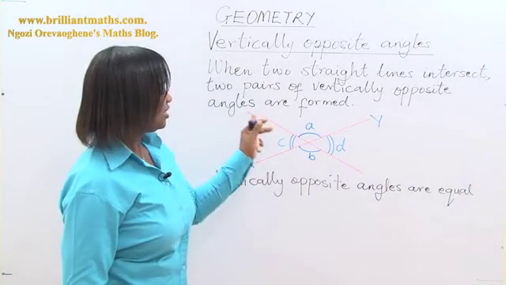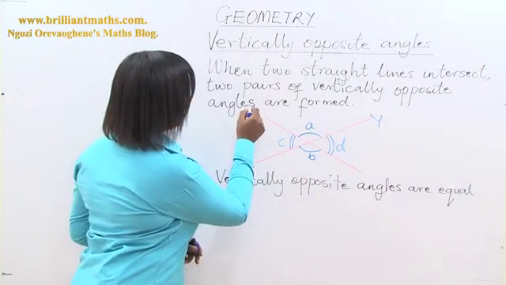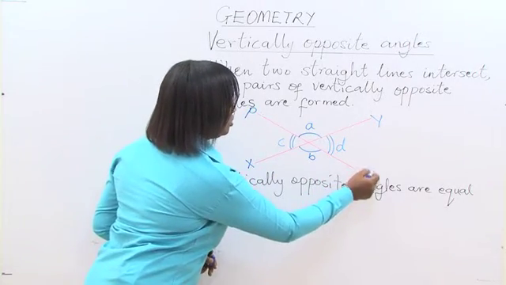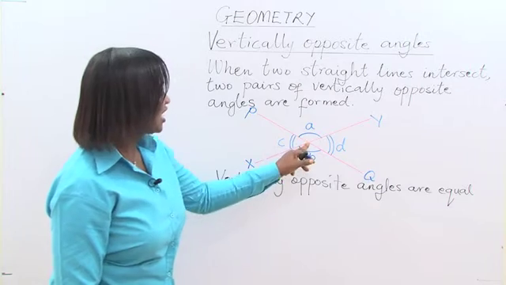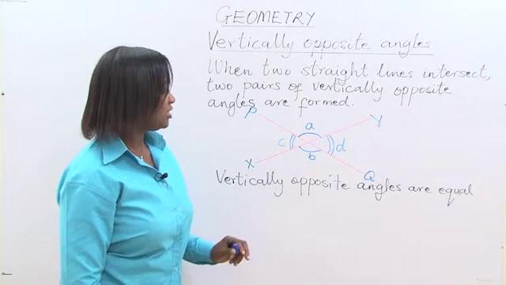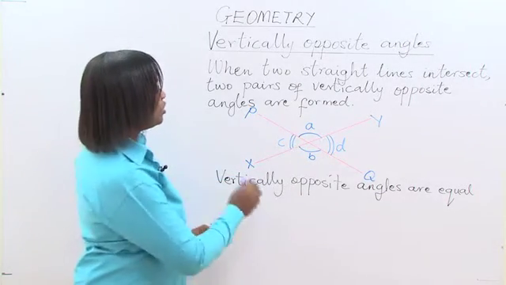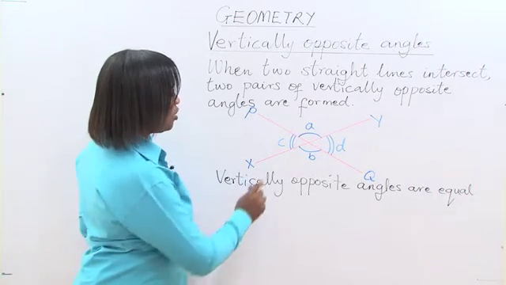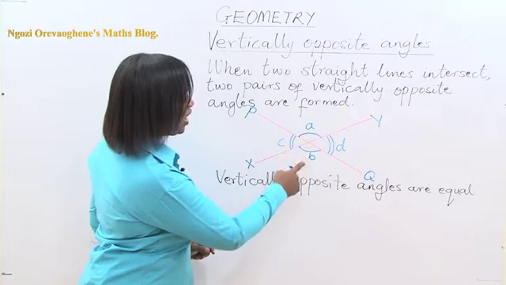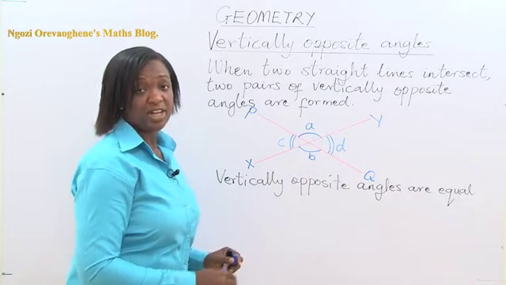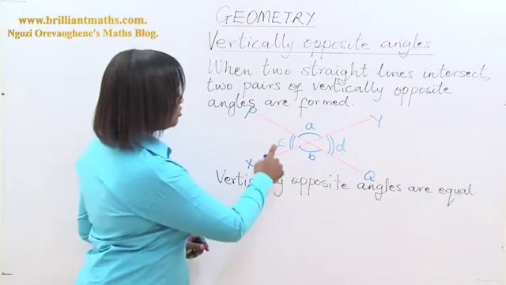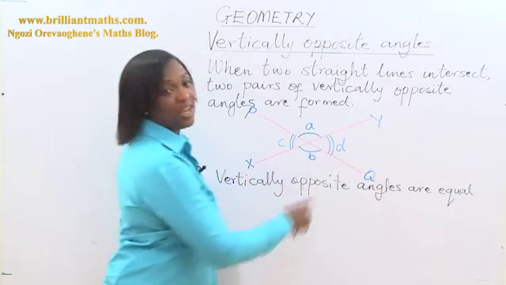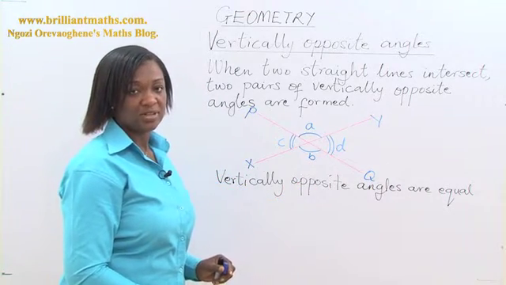And then the other straight line is line PQ. And they intersect at this point. And at that point, we have two pairs of vertically opposite angles. We're saying that angle A and B are vertically opposite, and angle C and D are vertically opposite.